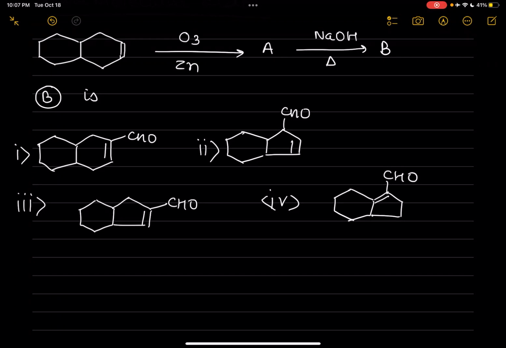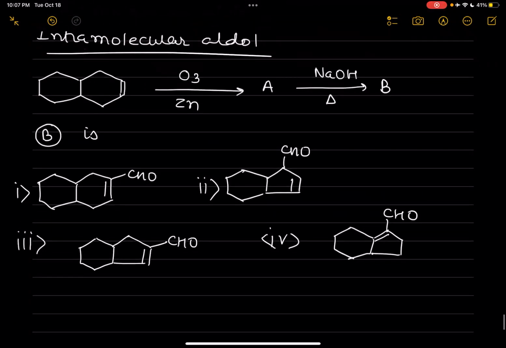Sir, how will ozonolysis take place here? Same. There is a double bond you can see. Cut that double bond, put oxygen, oxygen. Sir, they have two aldehyde groups. Yeah, two aldehyde groups, right?